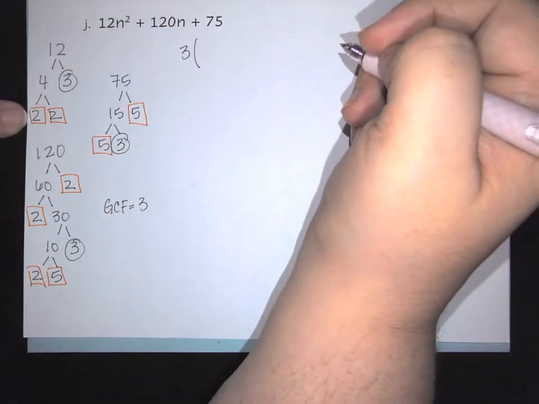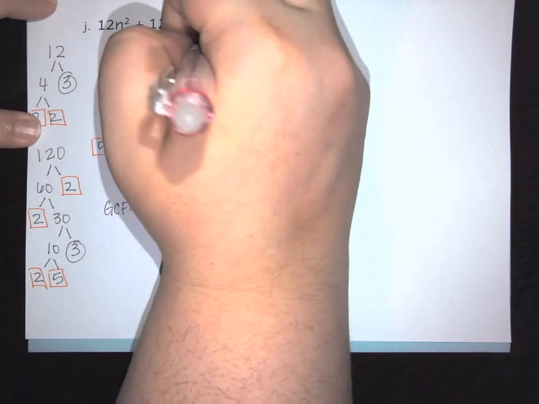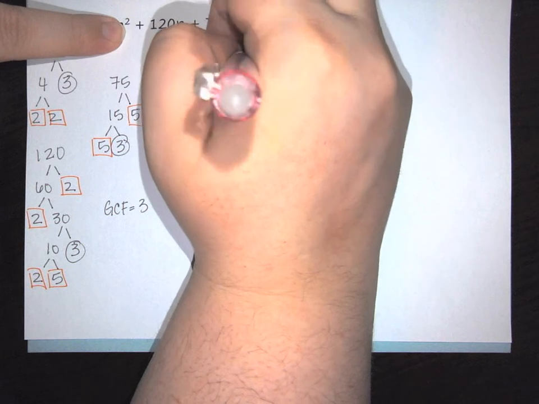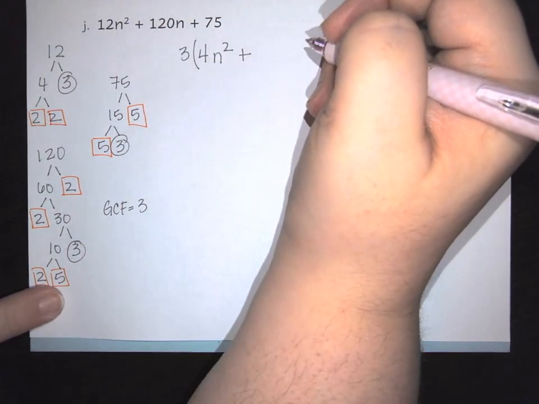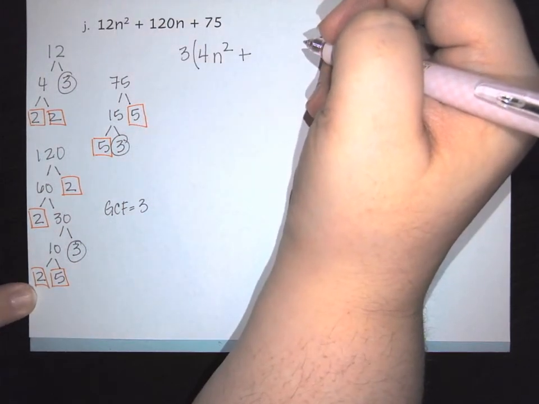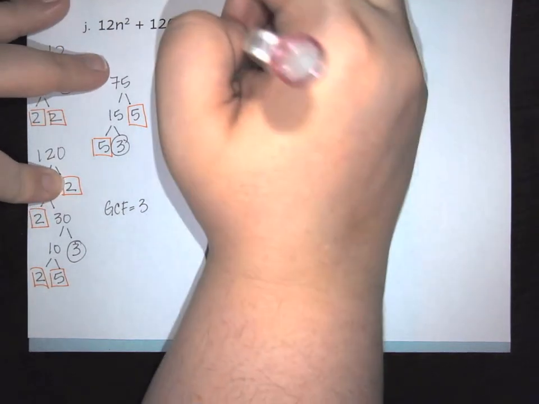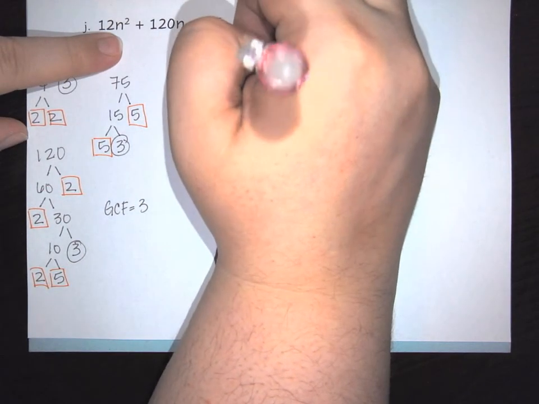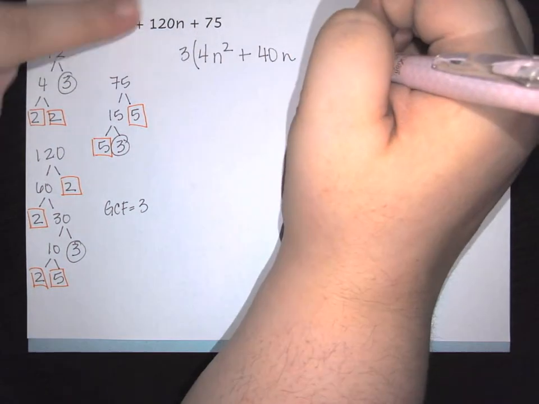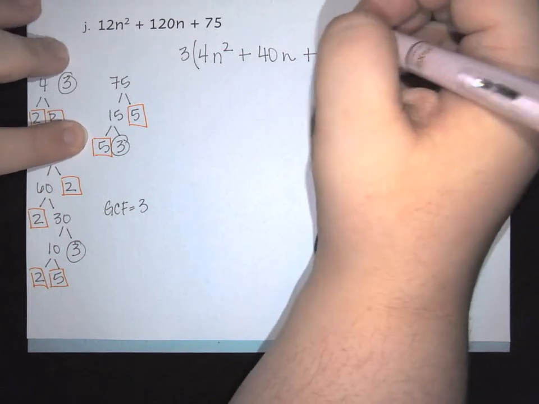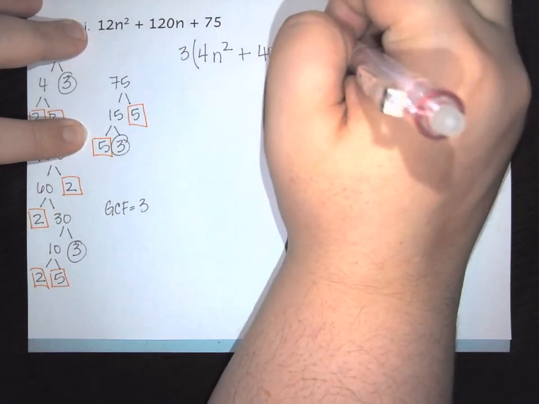So I'm going to pull the 3 out and look at what's left. Under my first term, I have 2 and 2, which is 4, so this is a 4n squared. My sign is positive. I have a 5 times 2, which is 10, times 2 times 2. So here this is going to give you a 40n. And then under my last, I have a positive, and I have 5 times 5, which is 25.